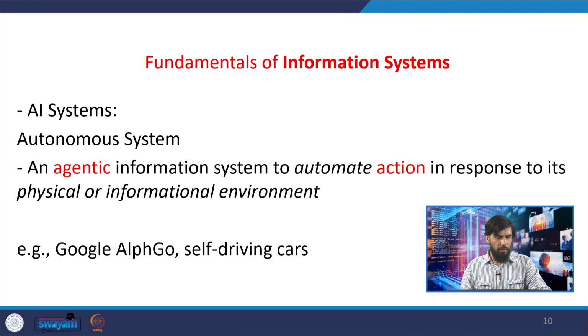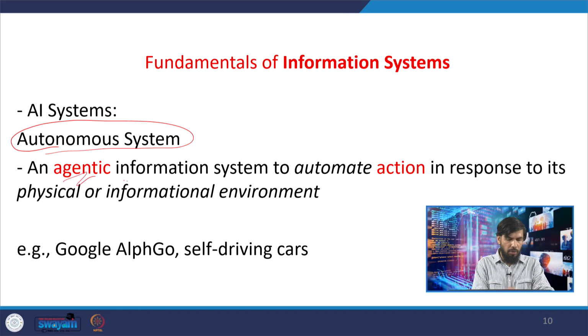Moving on, next is autonomous system. In autonomous system, this is another example of an information system. This is an agentic information system that can be used to automate action in response to its physical or informational environment. So, there are two environments that we talked about, the physical environment and the informational environment.